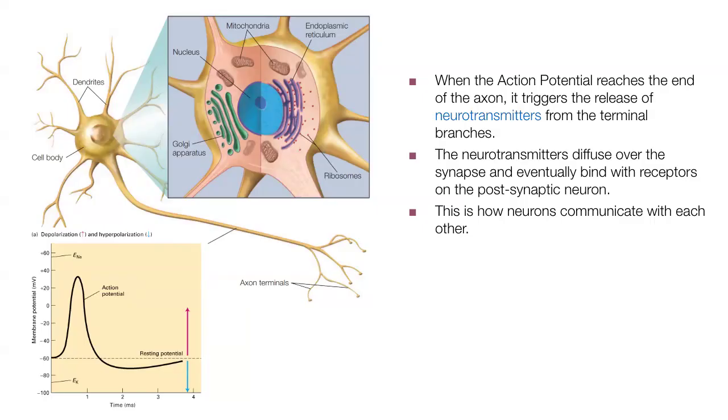So, for example, when you take antidepressants, what neurotransmitter is involved in most antidepressants? So SSRI stands for what? Serotonin. So serotonin reuptake. So serotonin is a neurotransmitter, right? So what does a serotonin reuptake inhibitor do?